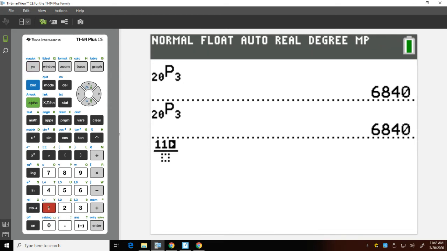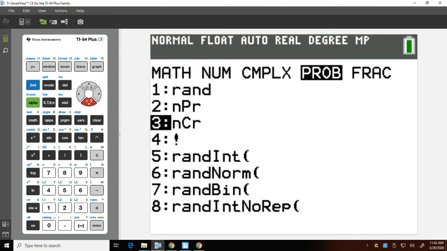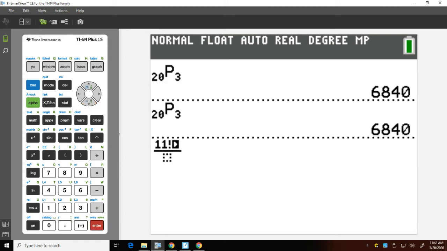So 11, where do I go for factorial? Again, that's under math. Scroll all the way over to prob. Scroll down to the exclamation mark, hit enter. There's your top one. And then down below, all we're going to do is put in exactly what you saw over there. We have 4 factorial, 4 factorial, 2 factorial.